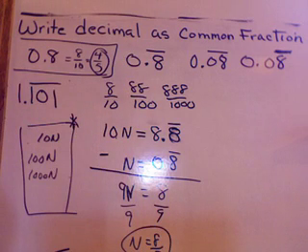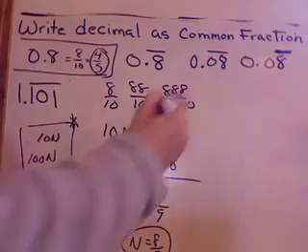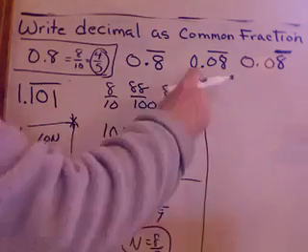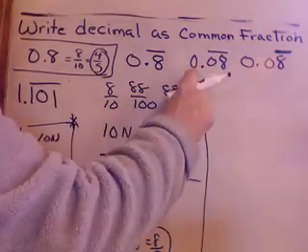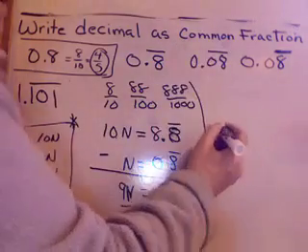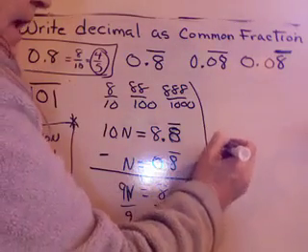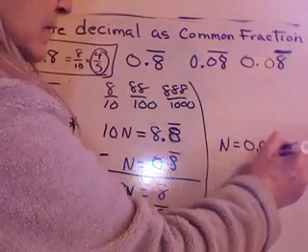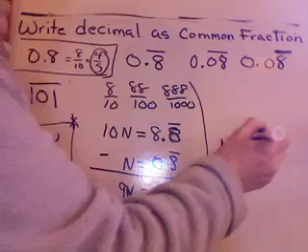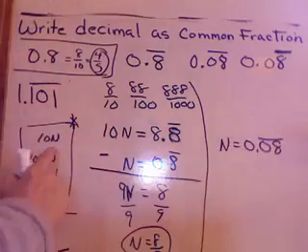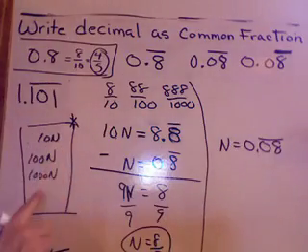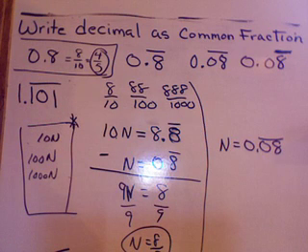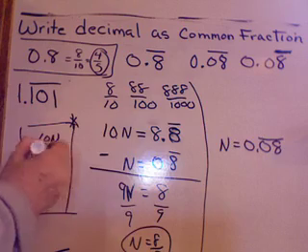Okay, let's try the next one. This one has 0.08 repeating. So again, let n equal 0.08 repeating. Since 08 is repeating, should I choose 10n, 100n, 1,000n? What do you think? I hope you chose 100n. 2 repeats, 2 zeros is one way to remember it.